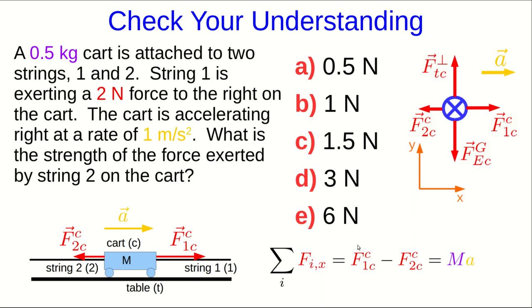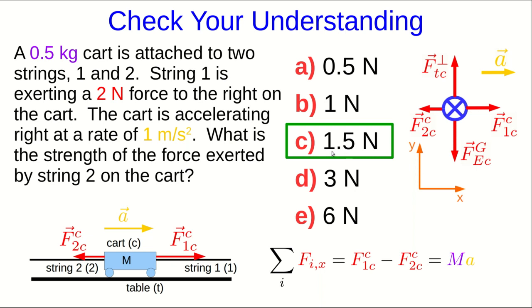I'm saying the x component of the force due to string 1 is just the magnitude of the force due to string 1. And because it's in the negative x direction, the x component of the force due to string 2 is negative the magnitude of that force. And then a_x, the x component of the acceleration, is just the magnitude of the acceleration. You can solve this, and you'll find that the force we're looking for is 1.5 newtons.